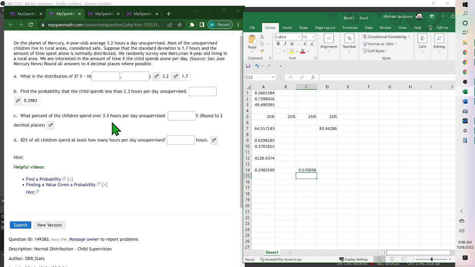We want above, so then we have to take equals 1 minus and click on the one above it. Oh, and this one wanted it written as a percent, so then you just multiply this by 100, and you'll get 43%.